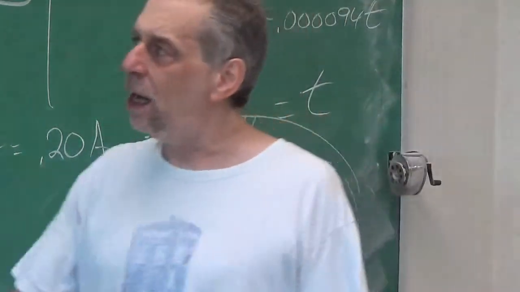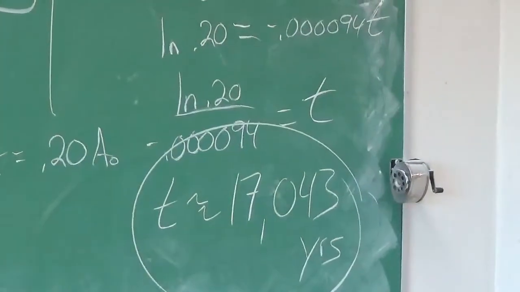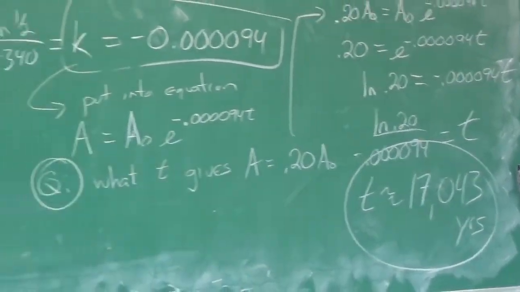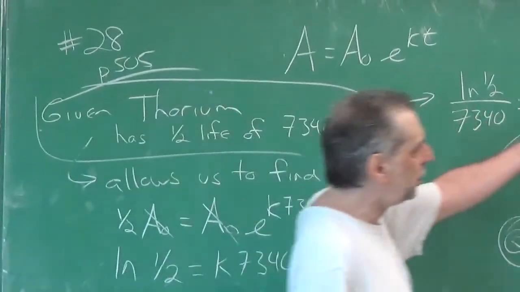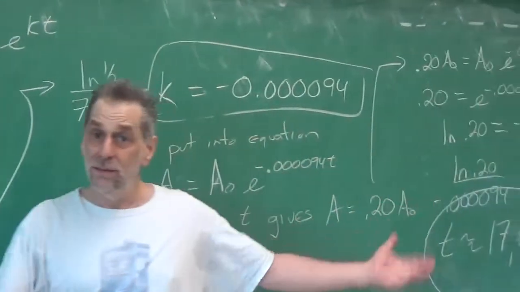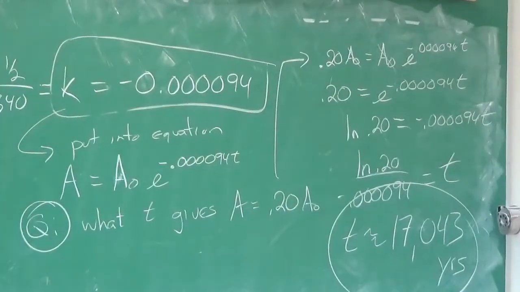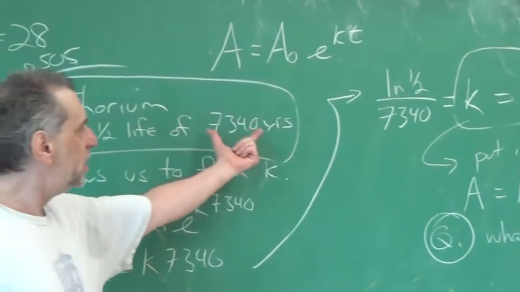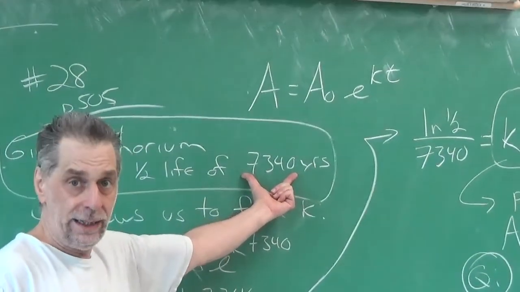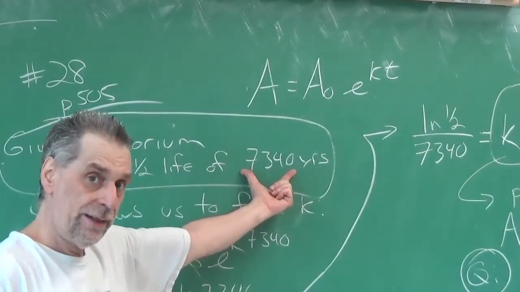And again, give it a common sense check. We were told that 50% was going to be gone after this much time. So if only 20% is left, that means our number has to be more than this. And if you think about how half-lives work, after this much time, 50% of the original amount is left.